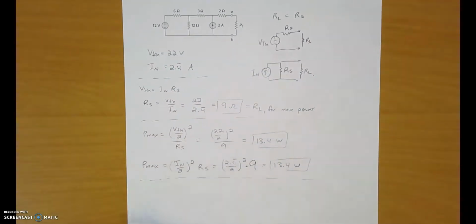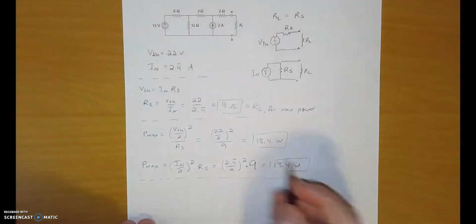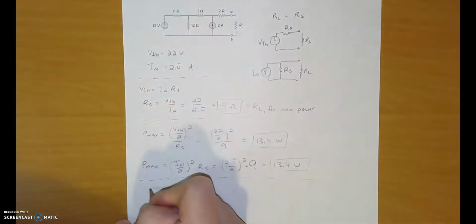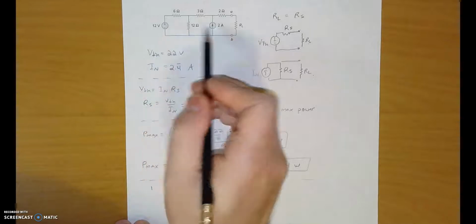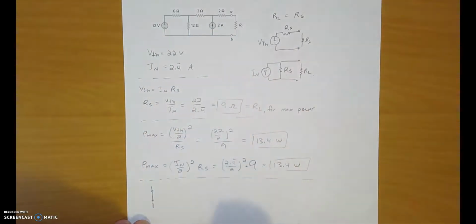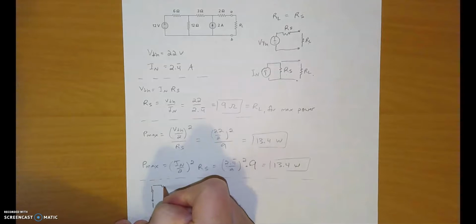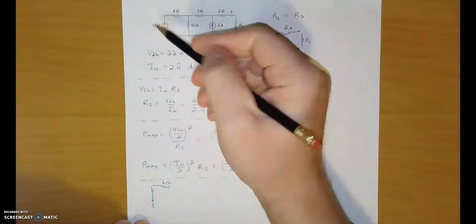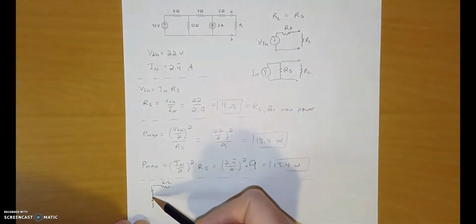So what you could do is we could do a lumped resistance method to find this. So we take our circuit, and what we're going to do is we're going to turn off all of these sources. So this 12 volts will turn into a wire, because it's 0 volts.